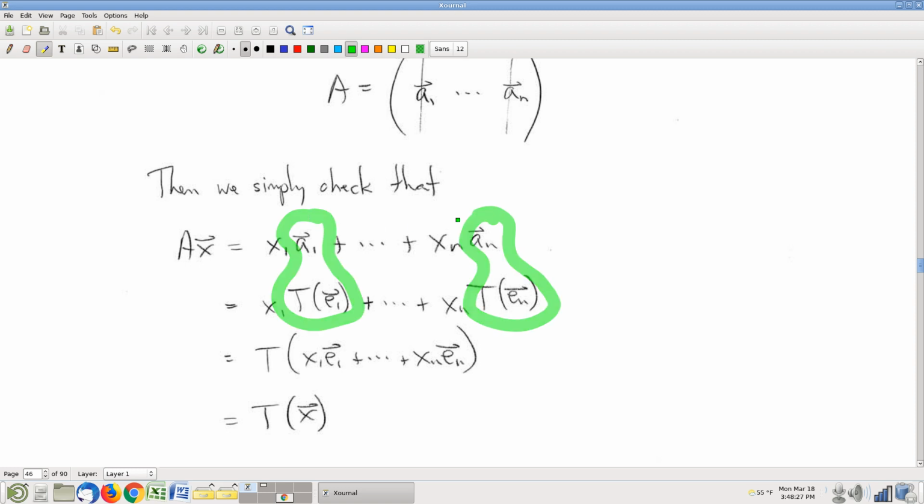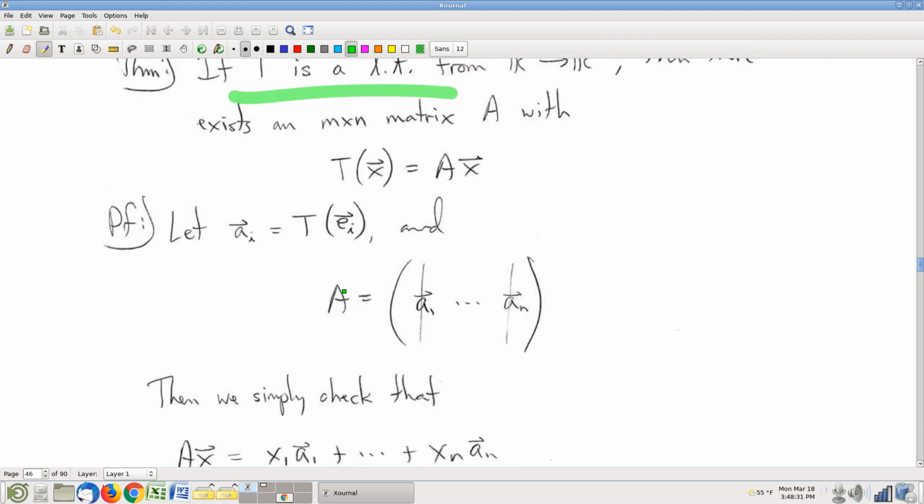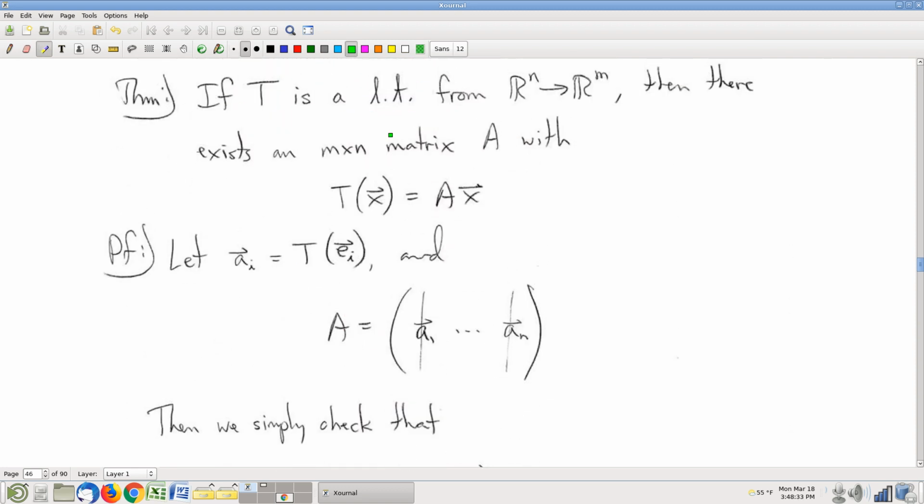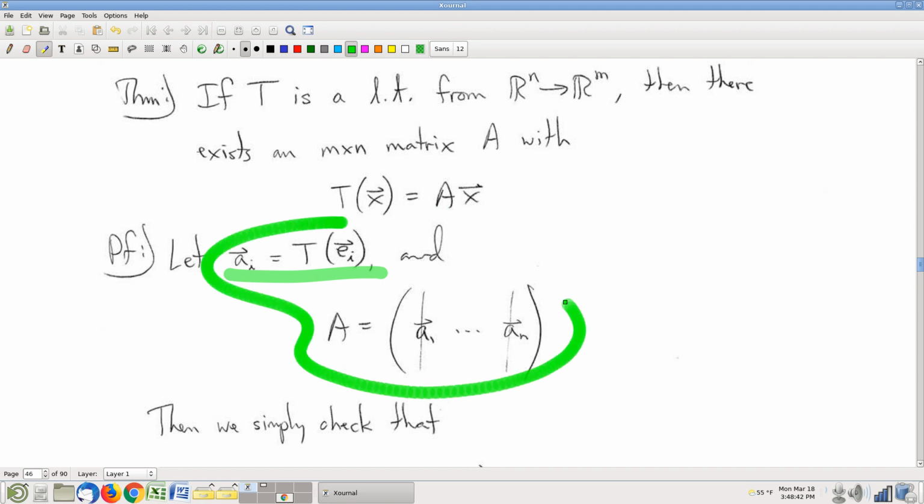The hard part about this proof is at the very beginning, where we have this seemingly magical insight to let's just choose this. Let's just define the matrix A by saying its columns are the images of the standard basis vectors. That's the tricky part. And you shouldn't think to yourself, how would I have thought of that? That's just the tricky thing that makes it work. Okay. But it remains the thing that makes it work.